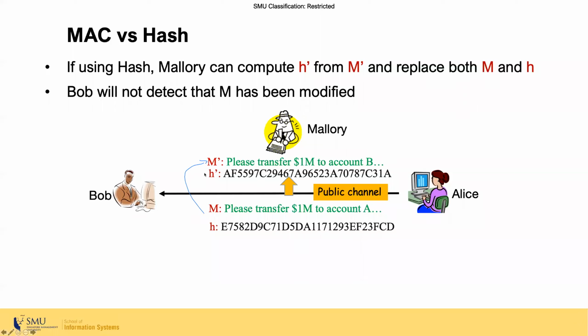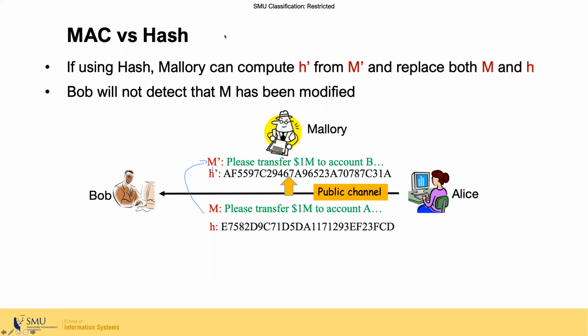And then he can also derive the corresponding hash value of that M prime by using the same hash function that was used by Alice. After all, the hash function is public knowledge. It is not hidden. So he can use the same hash function and compute the corresponding hash value.